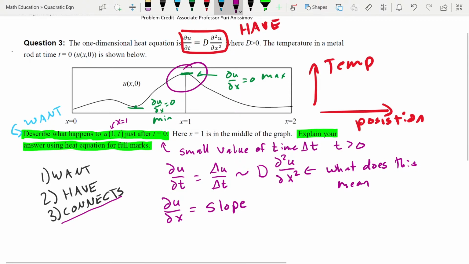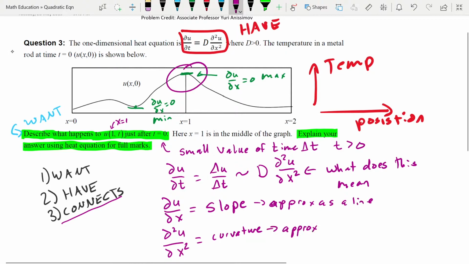Now, instead, we're interested in not the slope, but the second derivative quantity. We'll do the second derivative, which is how the slope is changing. So this is curvature. In this case, we were approximating as a line. Here we're approximating as a parabola.